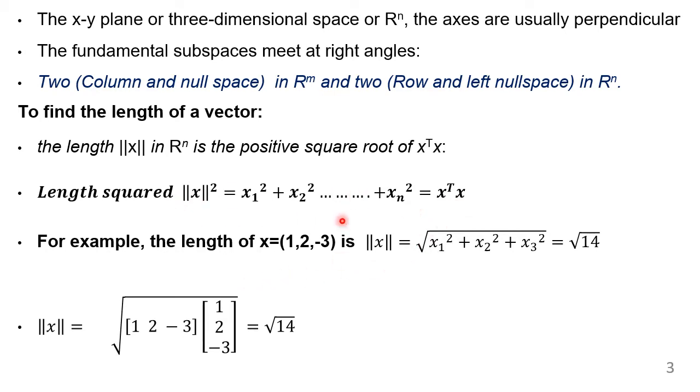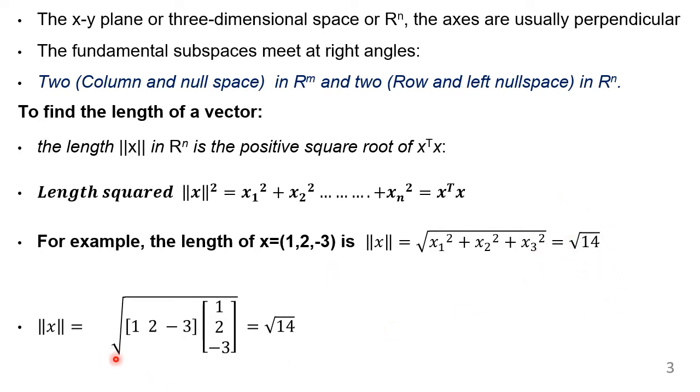Let us try to understand this by taking an example. Let us define a vector x with the elements 1, 2, minus 3. Then the length of this vector x is the square root of x1 square plus x2 square plus x3 square. That is 1 square plus 2 square plus 3 square, and that gives you the square root of 14.